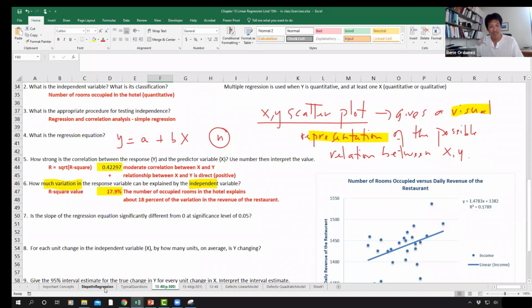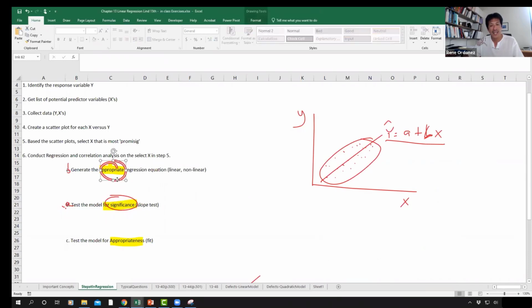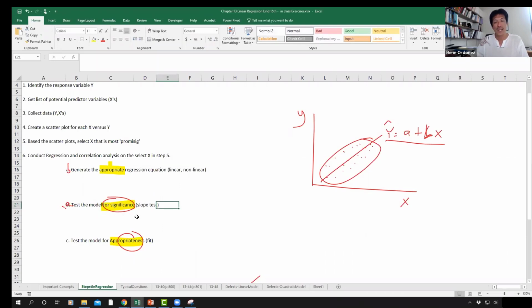And these steps are testing the model for significance, and then the next step is testing the model for appropriateness. Now, there are three tests that one can carry out for testing the model for significance. One of the commonly used ones is known as the slope test. All right. So, what is a slope test?